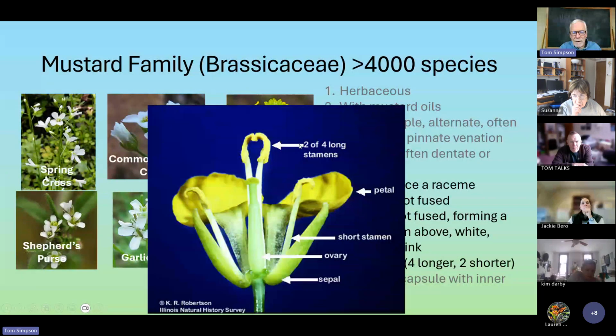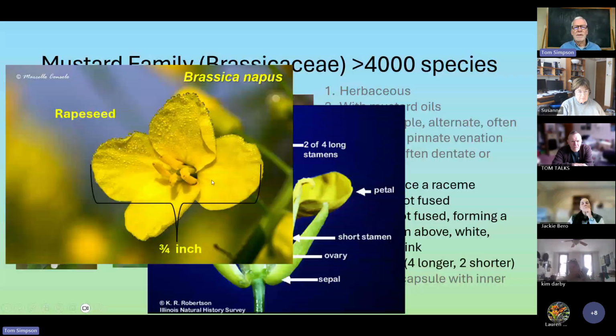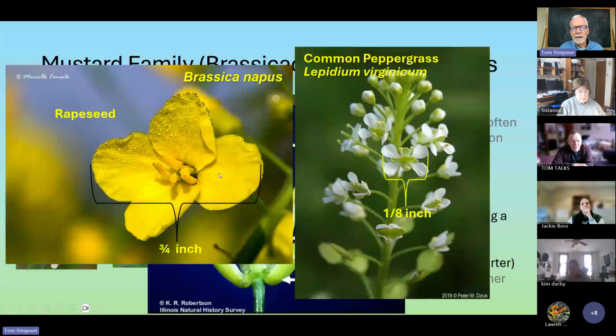There it is again. You don't see the sepals here. The thing I find most interesting about this is that more than most any other plant family, that same pattern, the flowers in the mustard family are almost all alike other than color and size.